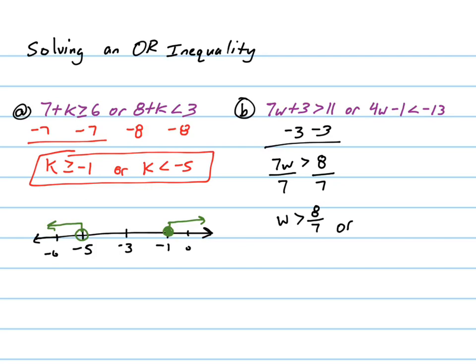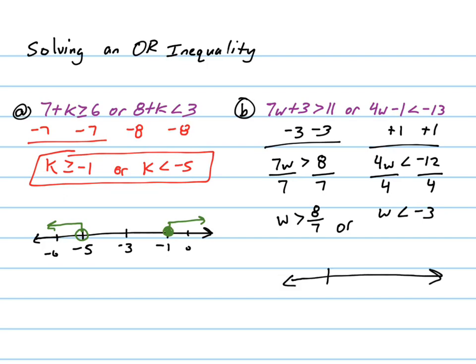Or, and then we go to the other side, we're going to go plus 1, plus 1. We've got 4w is less than, in this case, negative 12. Divide by 4. And w is less than negative 3. So we've got w is greater than or equal to 8/7, or w is less than negative 3.